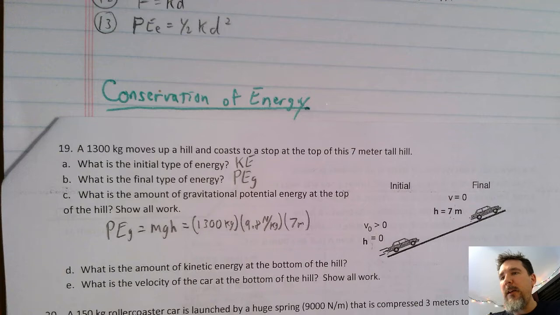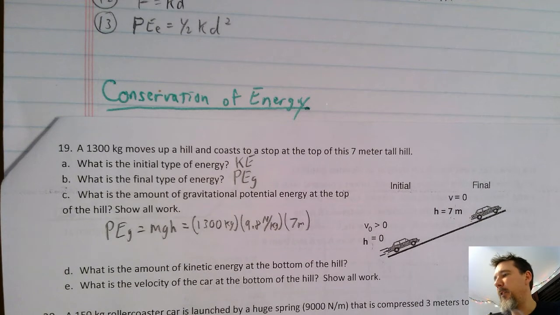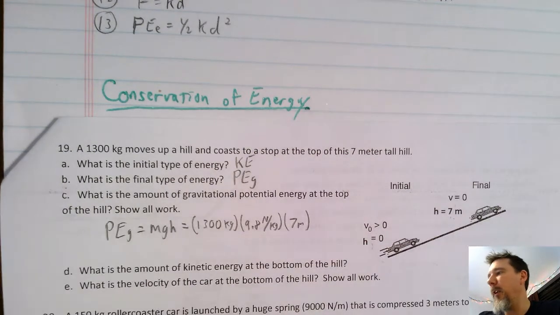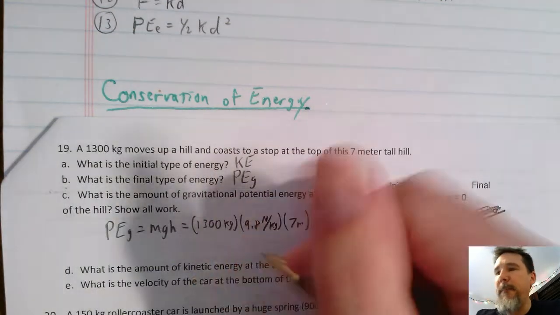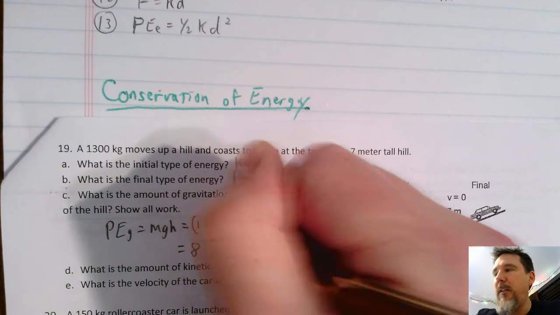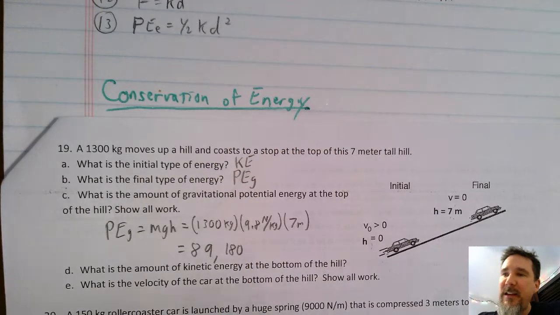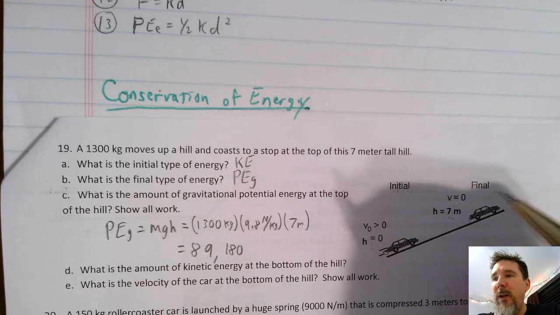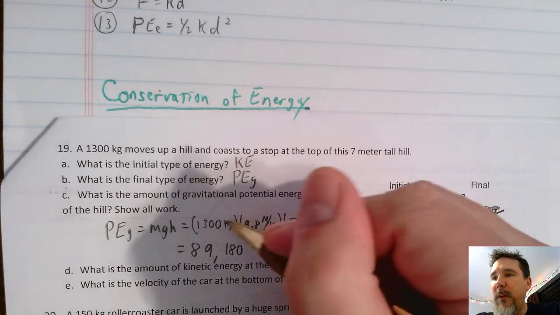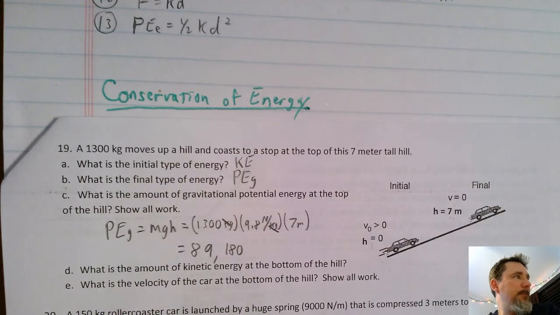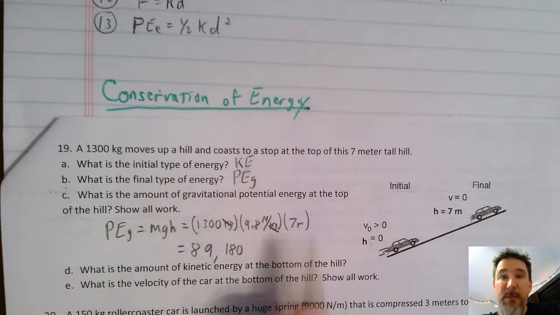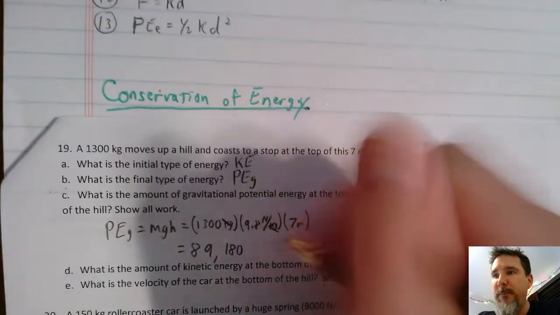When that all multiplies together, on my handy dandy cheat sheet, I got 89,180. The kilograms cancel out, and we're left with newton meters, which is joules.